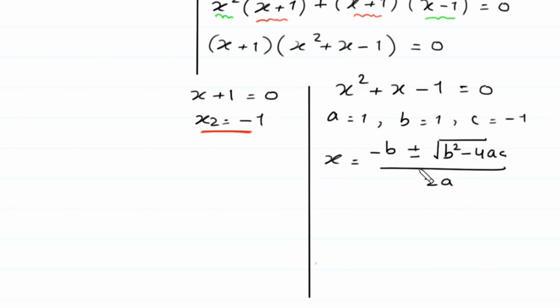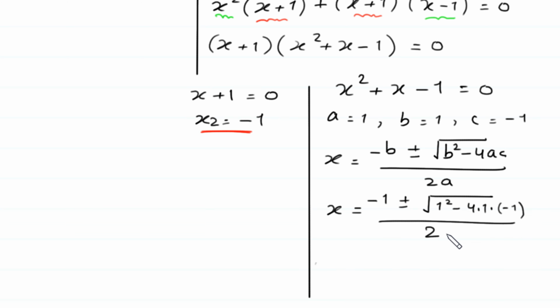In this equation, we put the values of a, b and c. x is equal to minus the value of b, 1, plus or minus the square root of b², we put the value of b, 1², minus 4 times the value of a, 1, times the value of c, negative 1, divided by 2 times the value of a, 1.